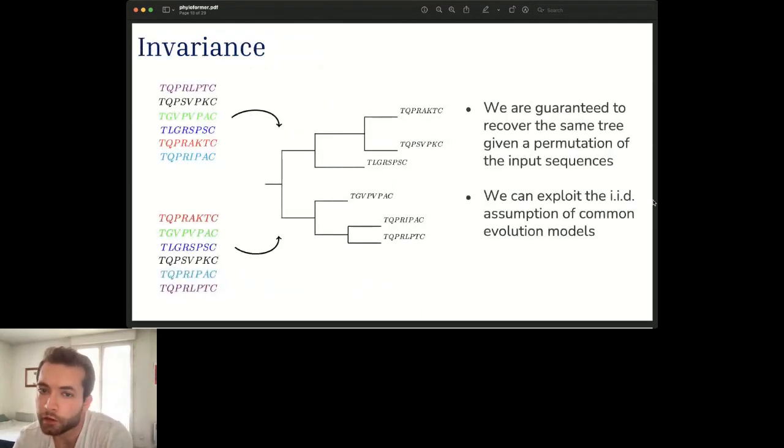And in the field of machine learning, it's often desirable for the network's input to be invariant to certain transformations of the input. So, for instance, if we're training a neural network to recognize images of cats, we want it to be able to do so even if we, say, rotate the input image by 90 degrees.